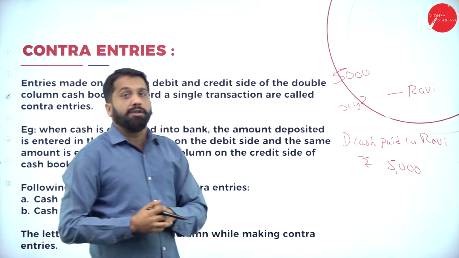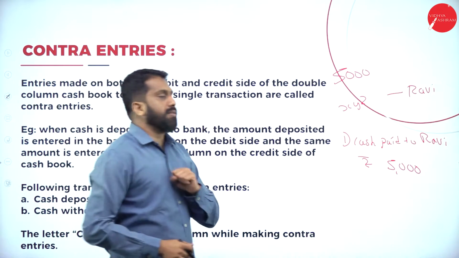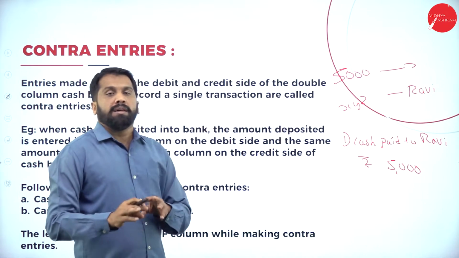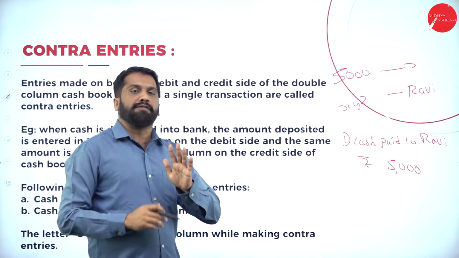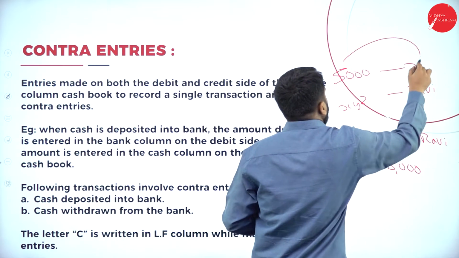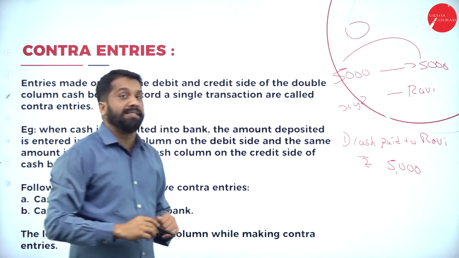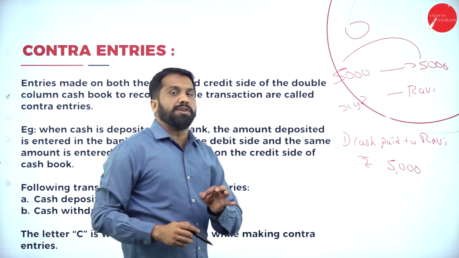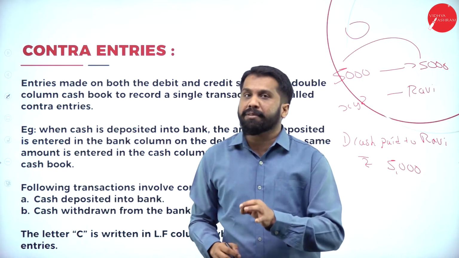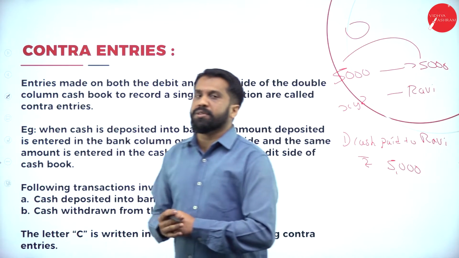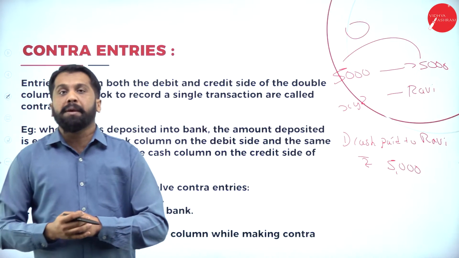That 5,000 you paid to Ravi. How much do you have now? You had 5,000, and if you pay that to Ravi, your balance is 0. Why is it 0? Because whatever you had, 5,000, you have transferred to Ravi. So this is called your normal payment entry.